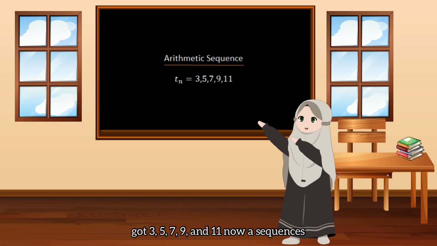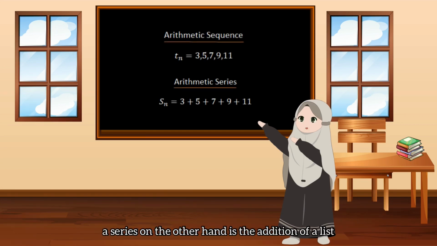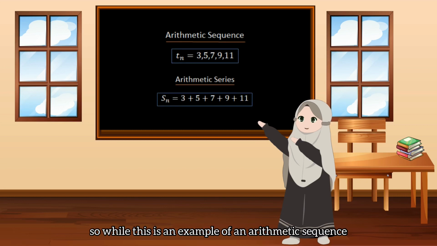So here we've got 3, 5, 7, 9, and 11. Now a sequence is just a collection or list of numbers. A series, on the other hand, is the addition of a list. So, while this is an example of an arithmetic sequence, an arithmetic series would look like this, which is the addition of all the numbers.